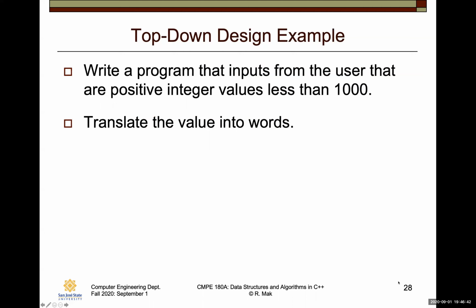So here's an example. We're going to write a program that inputs from the user positive integer values less than 1,000, and we're going to translate that value into words. That may sound like it's not a trivial problem.